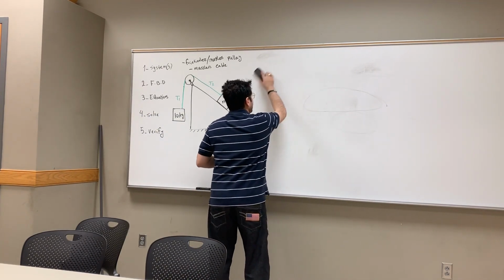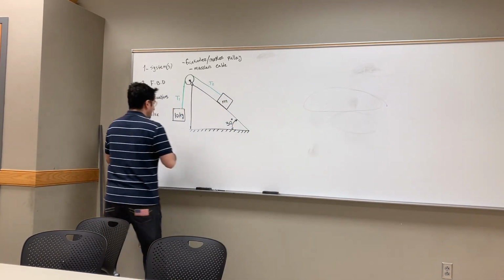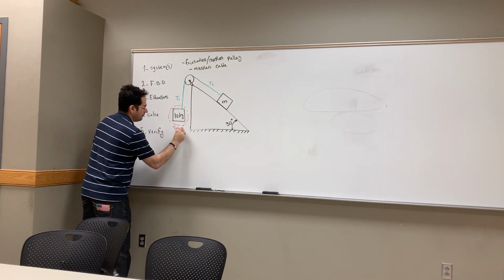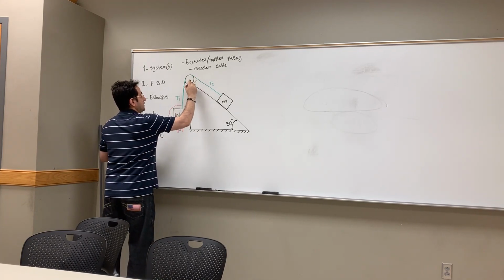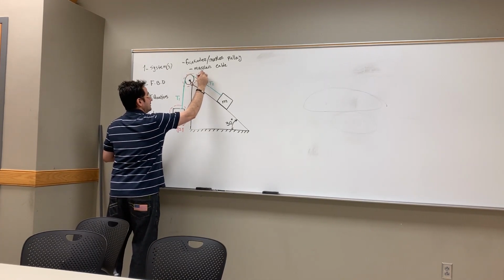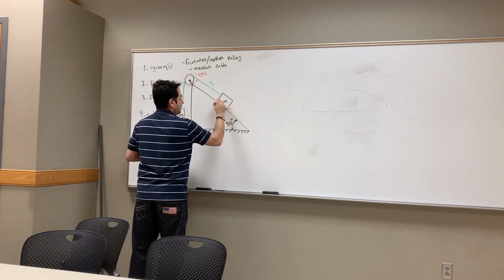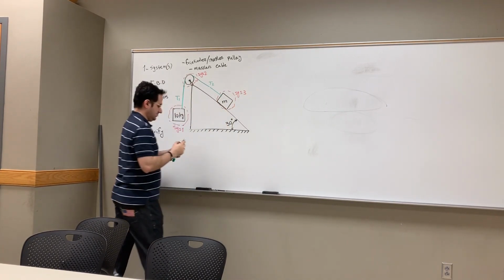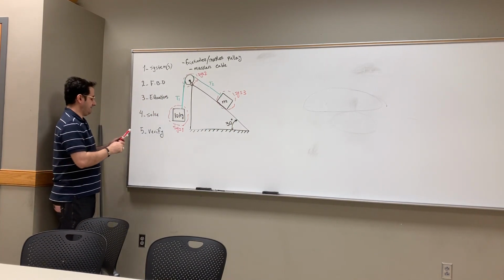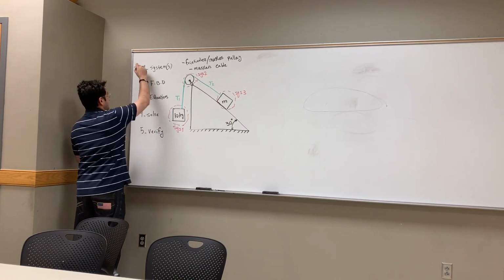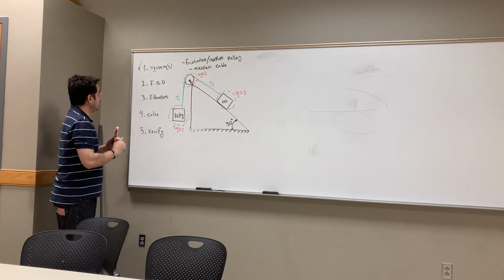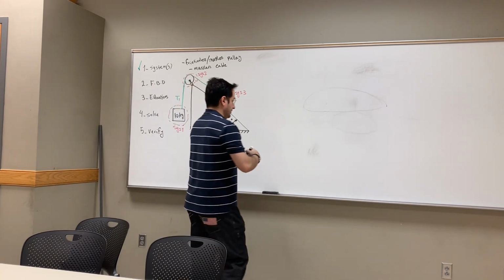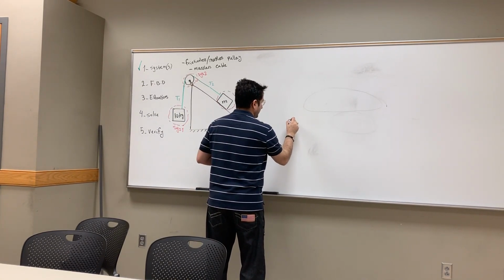Let's pick this guy as system 1, and let's pick this pulley as system 2, and the other block with mass M as system 3, right? Now I have my systems. Now draw FBD. Let's start with system 1. So what should I do in order to draw the FBD?